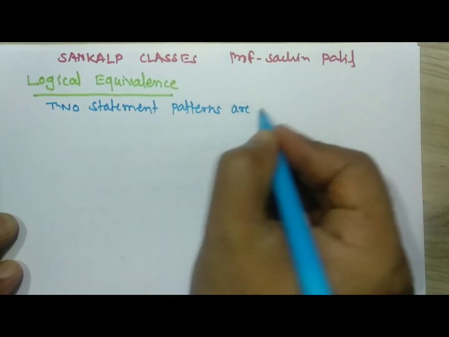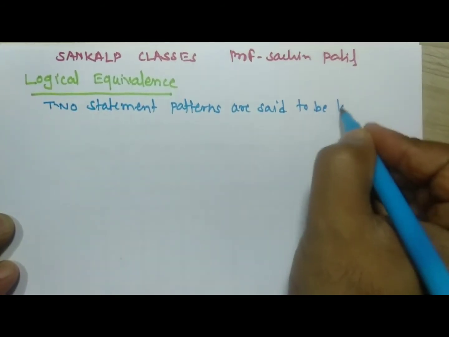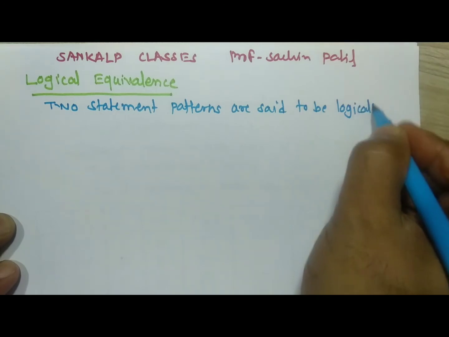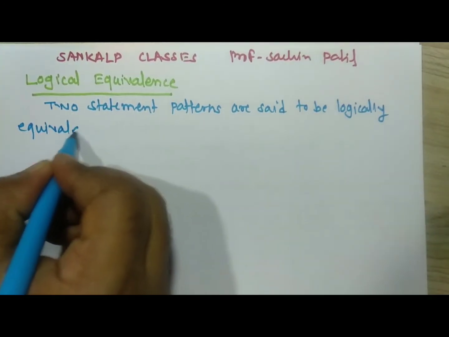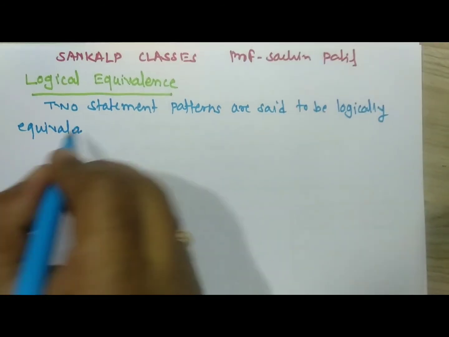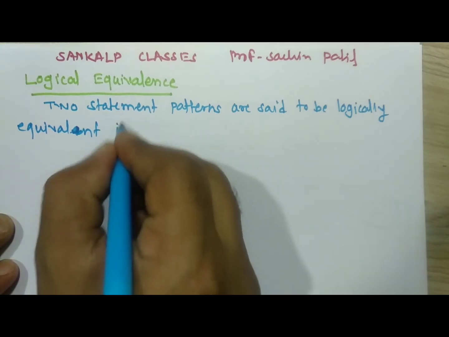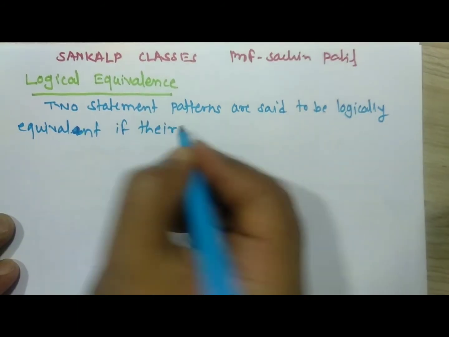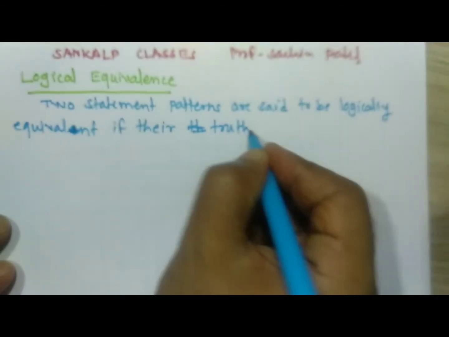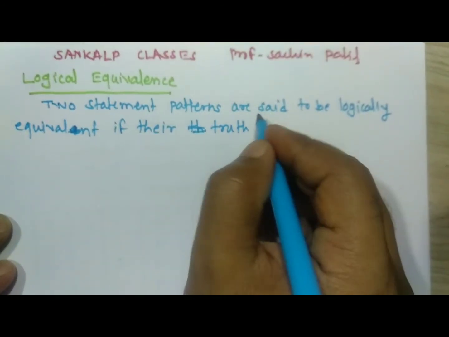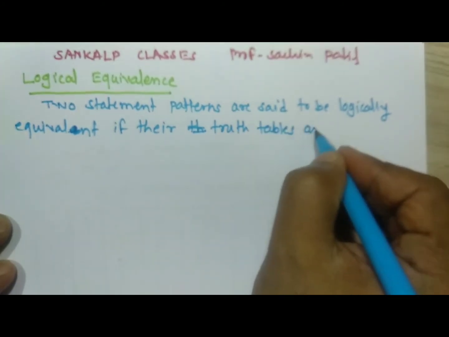are said to be logically equivalent if their truth tables are identical.